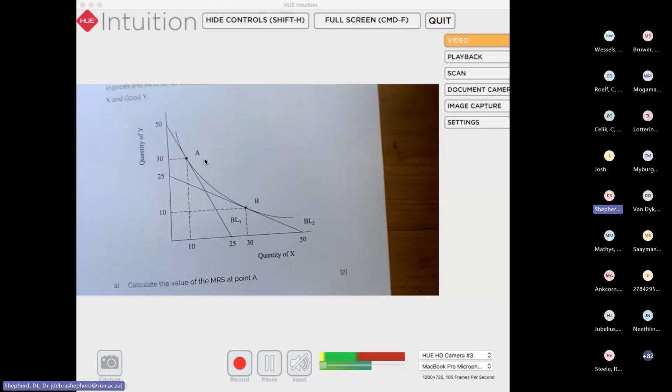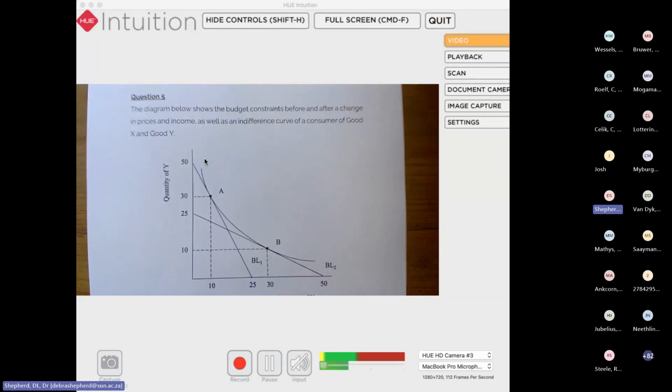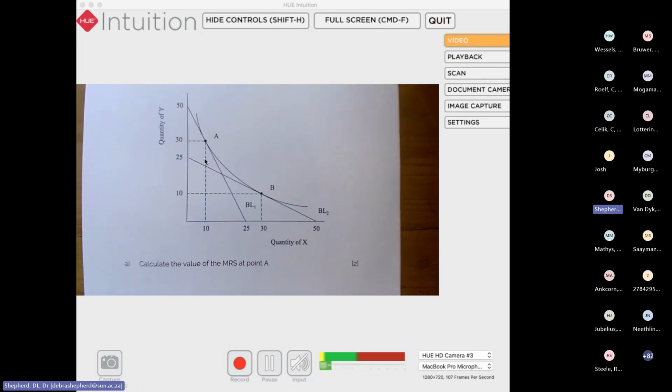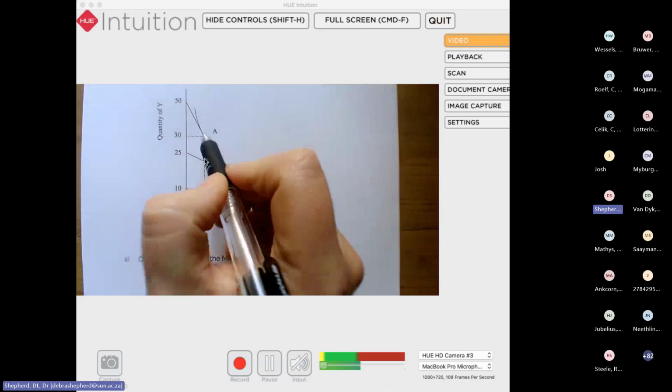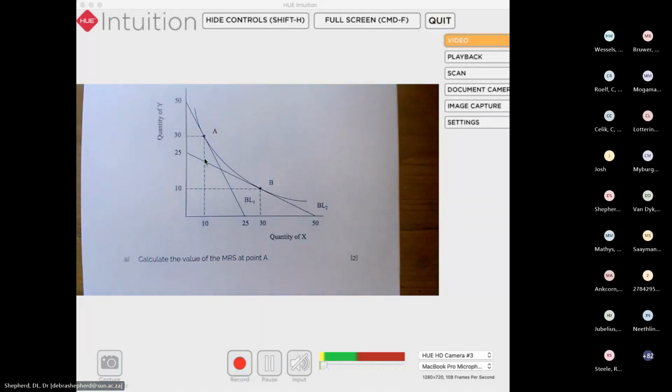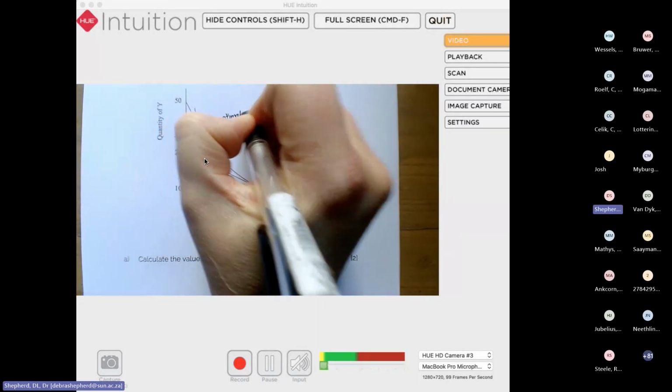Okay, so now we're going to do a longer question, bringing all of these things together. The diagram below shows the budget constraints before and after a change in prices and income, as well as an indifference curve of a consumer of good X and good Y. Question A says, calculate the value of the MRS at point A. Okay, so point A is an optimal point.